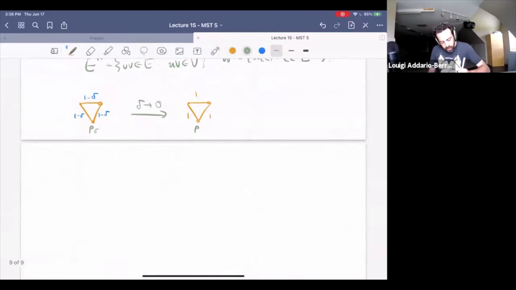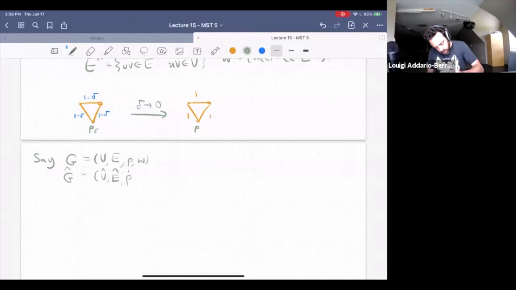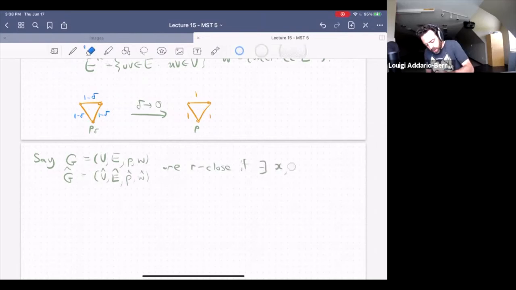Okay, so let's say that two weighted rooted graphs G and G hat are close if we can find two numbers x and y, which are at least r, and whose difference is at most 1 over r.